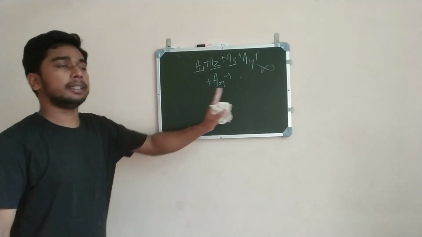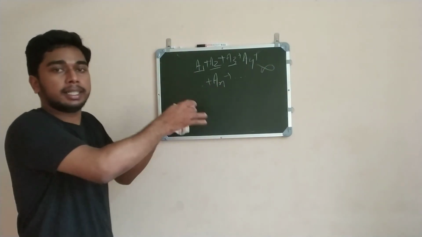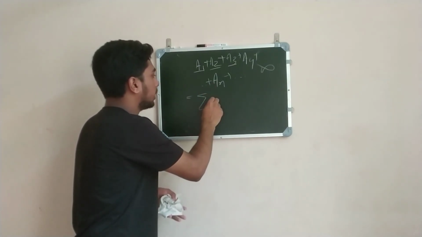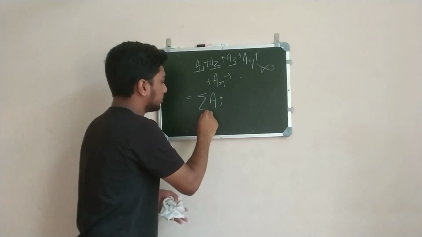There will be infinite elements, infinite sections, A1, A2, A3, A4, up to An, up to infinity. Then I will replace this with the summation of Ai.